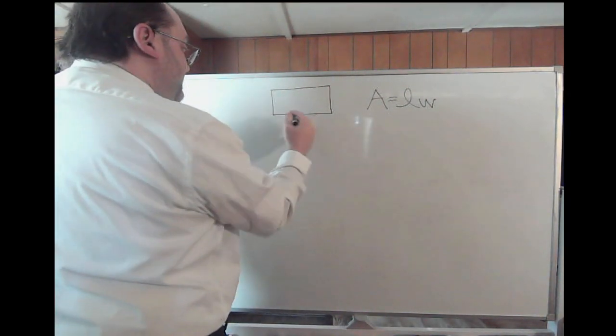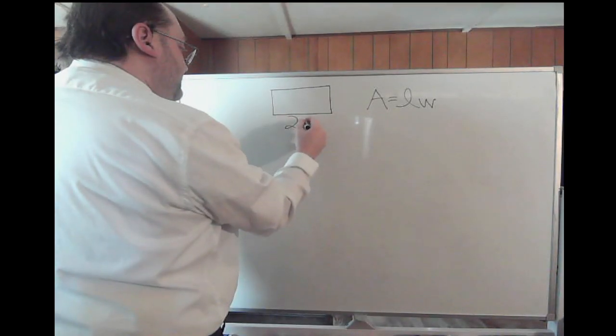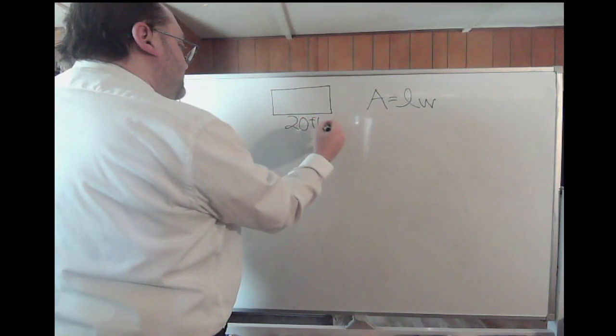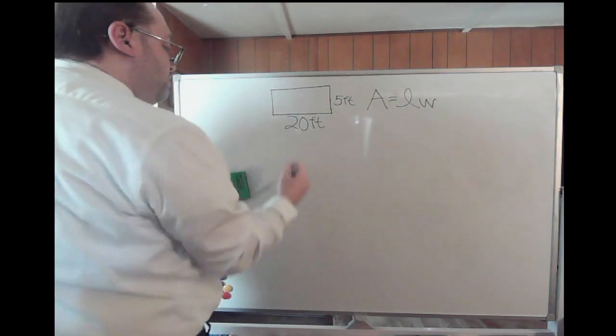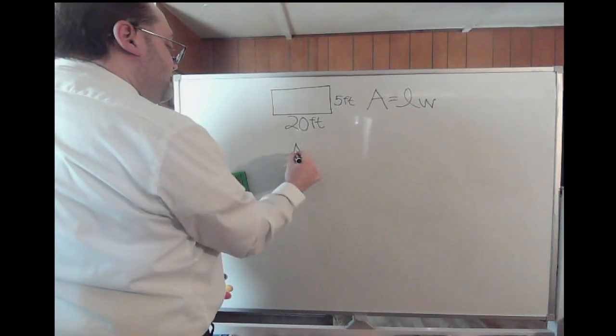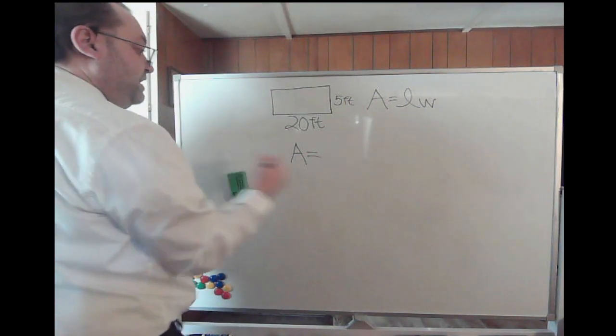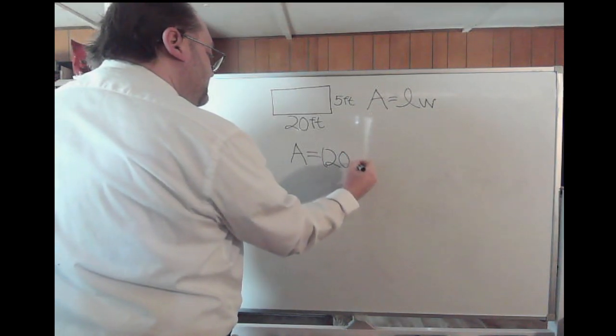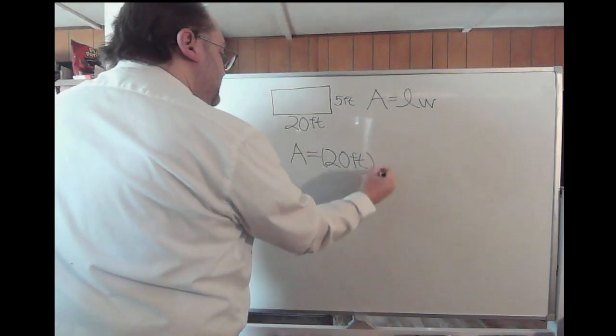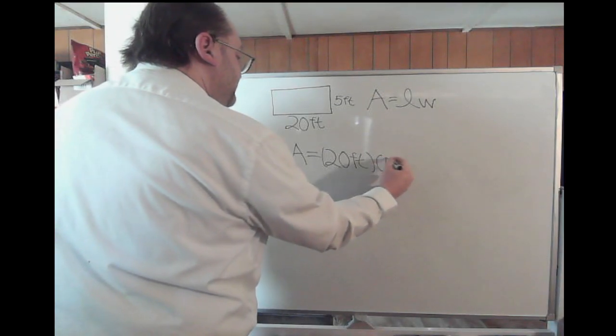So let's say the length is 20 feet and the width is 5 feet, right? We want to find the area of this rectangle. The area is going to be your length, which would be 20 feet, times your width, which would be 5 feet.